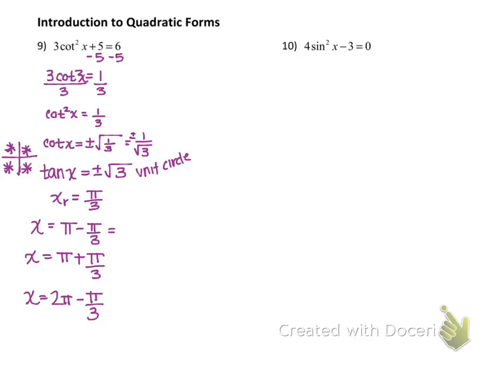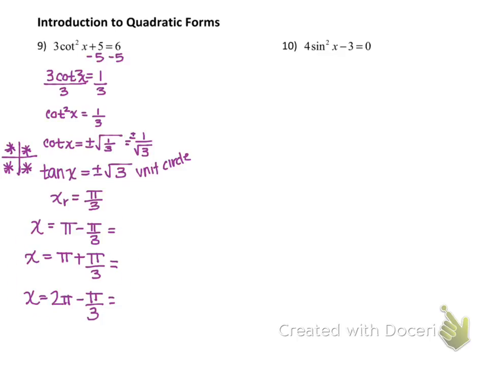Now, I didn't write the answers yet because what you can also do, if you haven't noticed, is just look at your unit circle. If it's a unit circle problem, there's no need to do this pi minus, pi plus, or 2 pi minus. If you know your reference angle, you can reflect on your unit circle and find the solutions that you need.